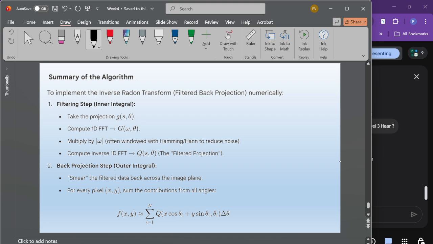In the inner integral, first we take a projection in the time domain, then compute the frequency domain signal with the 1D fast Fourier transform, and then multiply by omega, which can be with a Hanning or any window to reduce the noise, and then compute back the 1D inverse FFT to get the filtered projection. Similarly for the back projection step, for every pixel x, y, sum the contributions from all the angles.